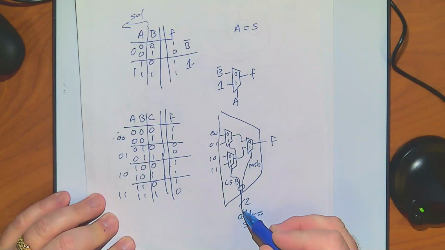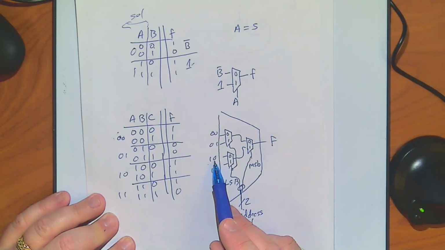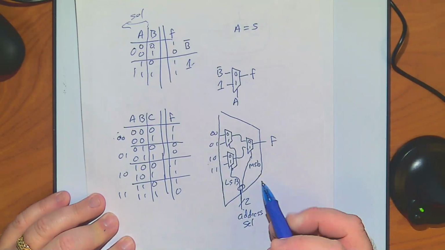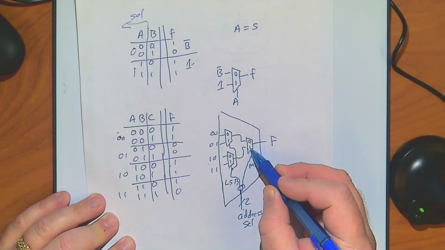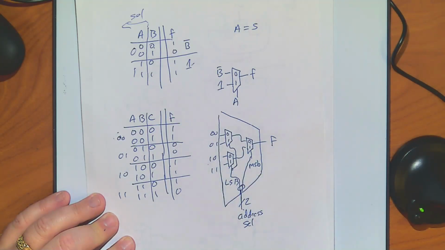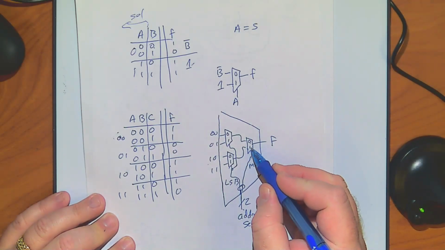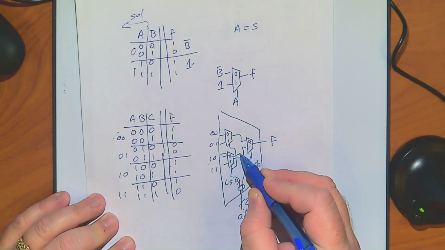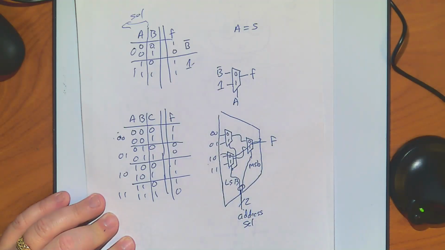Because the address line, to get this one right here, the 1 0, you have to send a 1 here and a 0 to here. So if the most significant bit is 1 and the least significant bit is 0, it'll open this pathway through. Whatever you put on this line will go through when the address says 1 0.